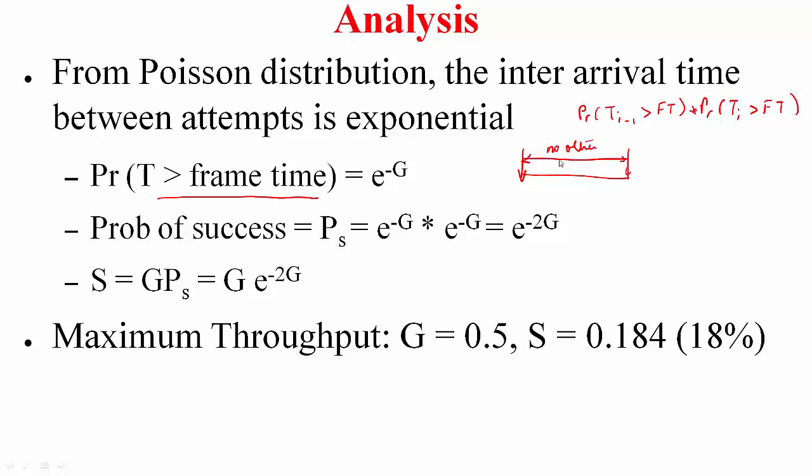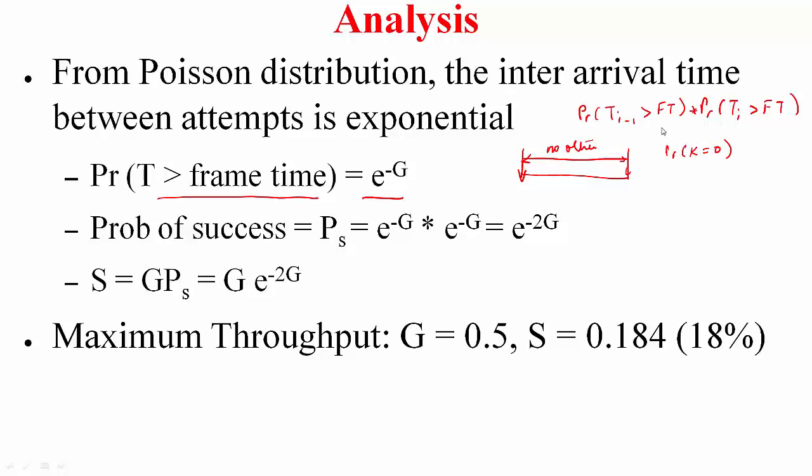In other words, within this frame time, you don't want any other arrivals to happen. If that were to happen, then this inter-arrival time is going to exceed the frame time. And the probability of no arrivals is basically the probability that k is equal to 0. Substitute in there, and you're going to get this particular probability.